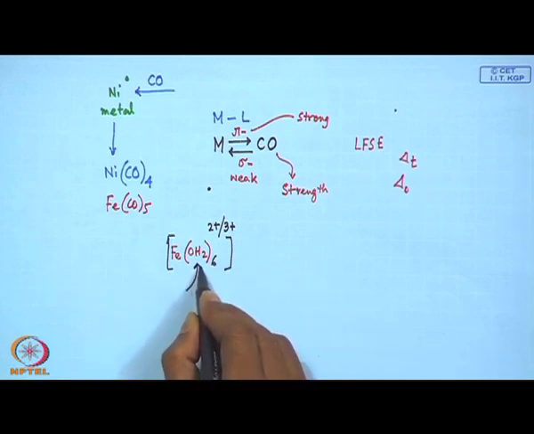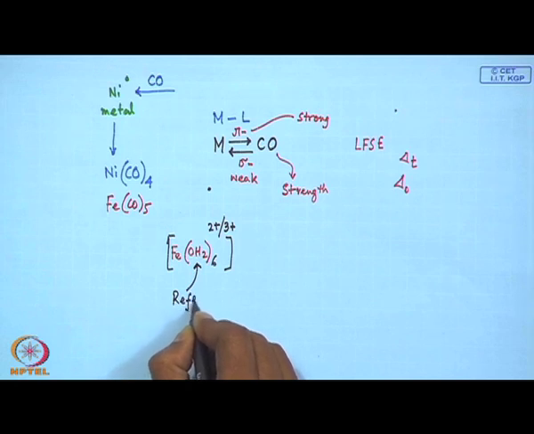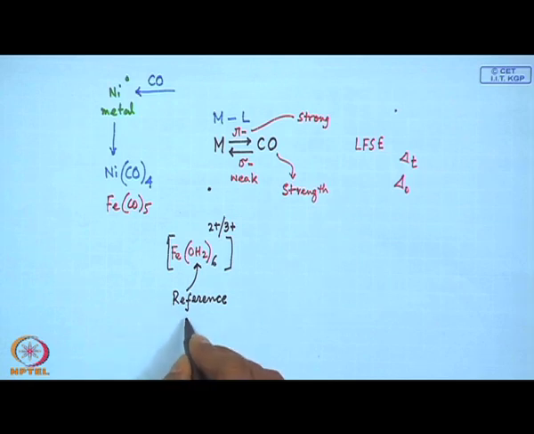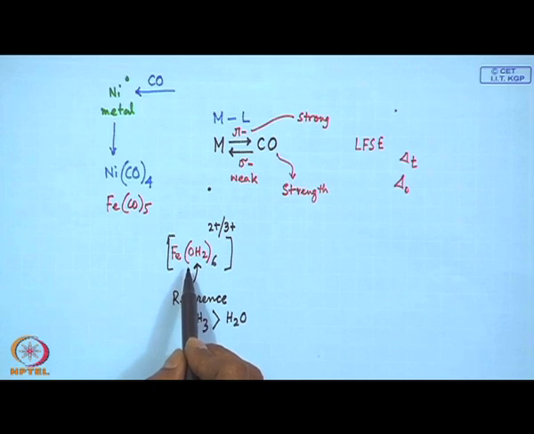So, we should always have this particular ligand strength as the reference for us. Not only water, because ammonia we all know is stronger than water, since if we add ammonia, all 6 water molecules can be substituted through a ligand substitution reaction.